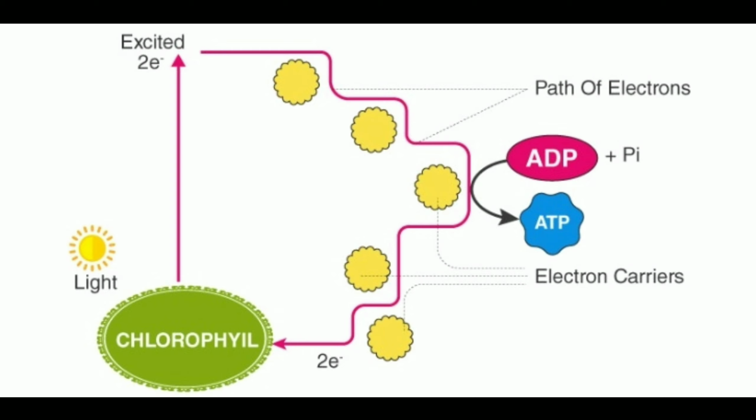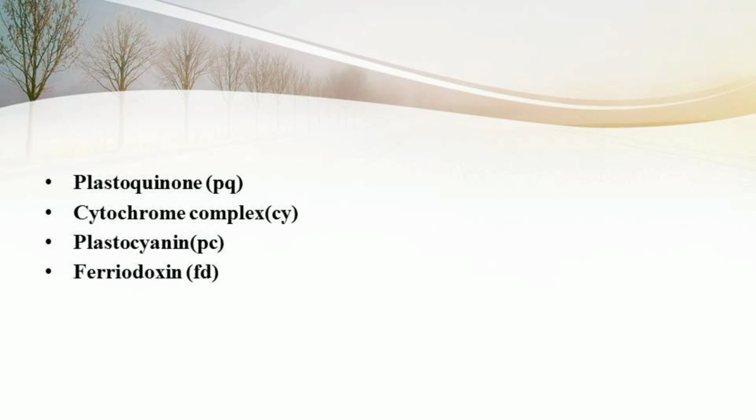Here also a pair of electrons gets excited and reaches the primary electron acceptor. From the primary electron acceptor, the pair of electrons moves to the electron acceptor, that is ferredoxin. From ferredoxin, it passes through plastoquinone, and from plastoquinone, it then passes to the cytochrome complex, and from the cytochrome complex, it passes to plastocyanin.